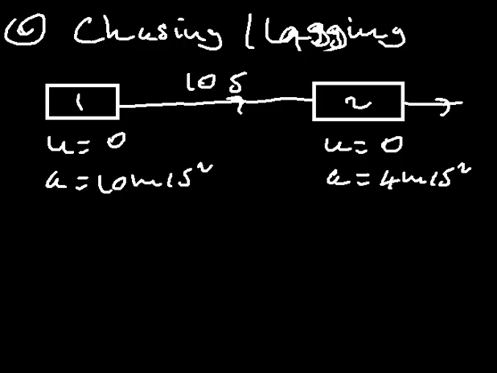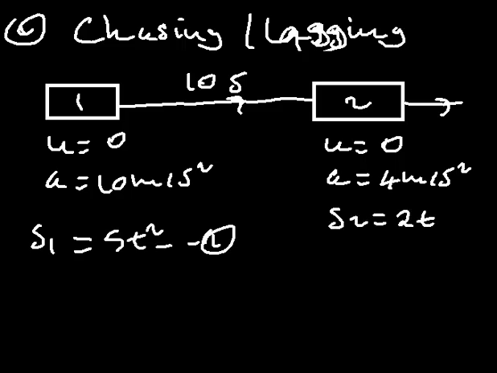So the principle remains the same. S1 will be given as 5d squared. This is equation 1. For S2, we have it as 2d squared, which is equation 2. But now our lagging parameter is given as time, so we need to express this in terms of distance. Who has traveled this distance? Actually, who has covered these 10 seconds?